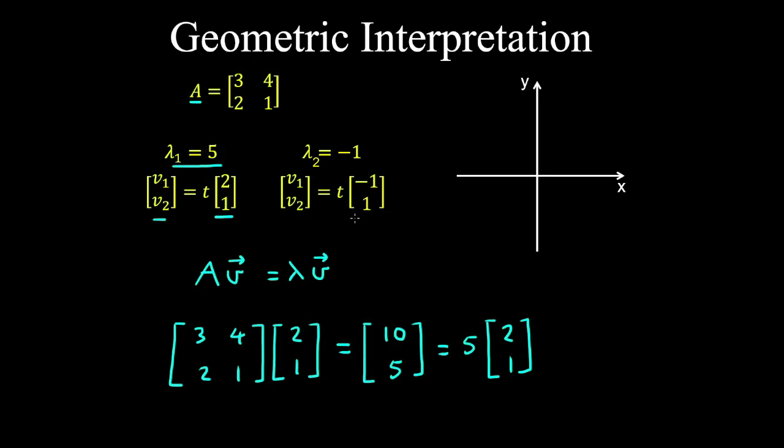And you can also verify this for this eigenvector, which corresponds to this eigenvalue. So effectively, we have 2 and 1. So the eigenvector looks like this. So the eigenvalue can effectively stretch the vector if it's greater than 1, compress it if it's less than 1, or negate it if it's negative.